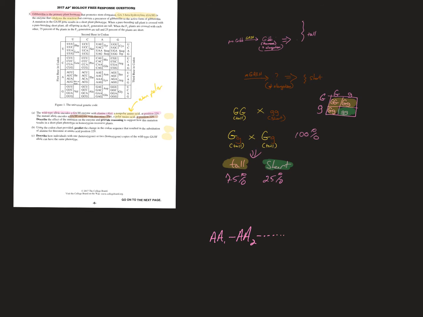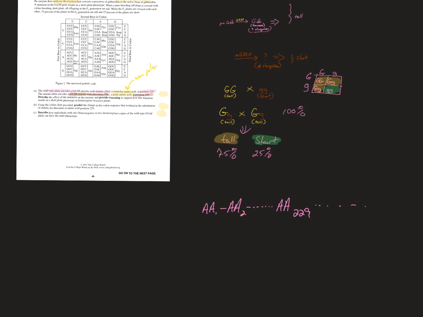And then you have amino acid 229, and then of course it would continue, or maybe it's the end, but likely continues. So maybe amino acid 229 is a non-polar amino acid. In the wild type GA3H, it's alanine.